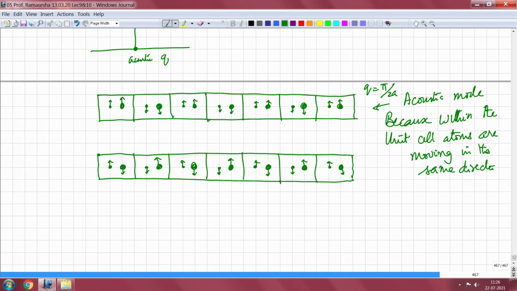What we are seeing here is that in successive unit cells, the motion of both the small mass atom and the large mass atom switches direction from one unit cell to the other. And within the unit cell also, M and M move in opposite directions.